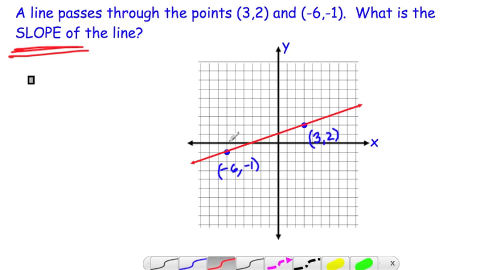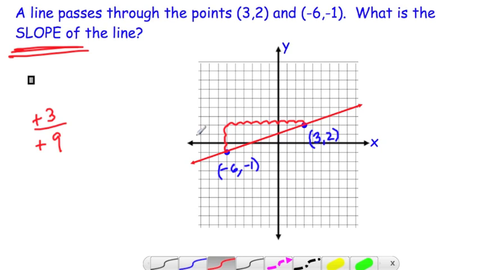Well, we can just count. 1, 2, 3. So I went up 3, and then I'm going 1, 2, 3, 4, 5, 6, 7, 8, 9. Right 9. Now I don't have to put those positives there, okay?